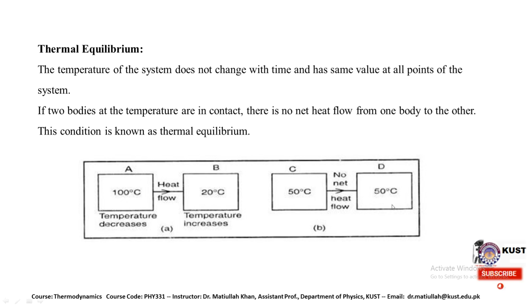There is no net heat flow in any specific direction. Of course, they are exchanging heat, but there is no net heat flow in a specific direction, and that is why we can say that systems C and D are in thermal equilibrium with each other, while systems A and B are not in thermal equilibrium because they have different temperatures.